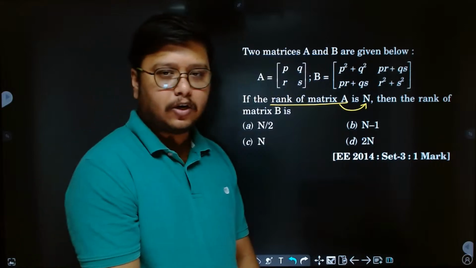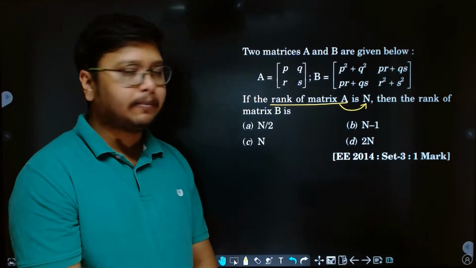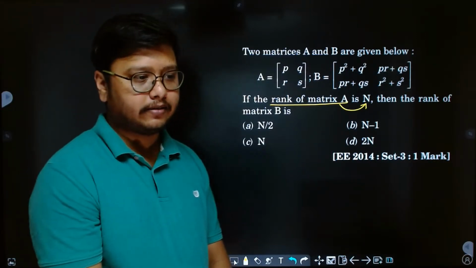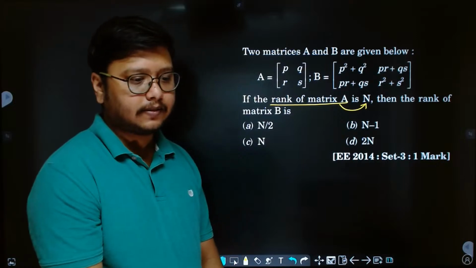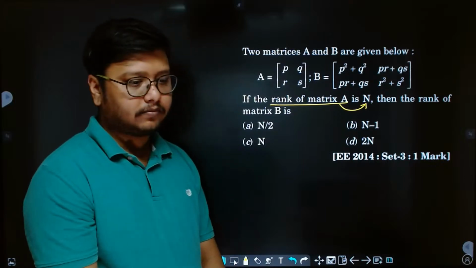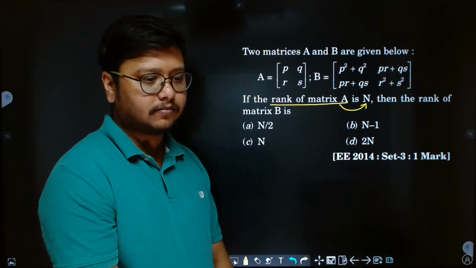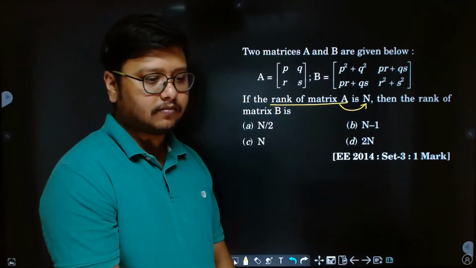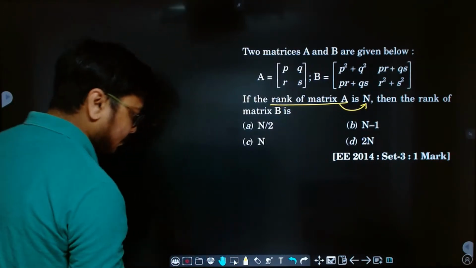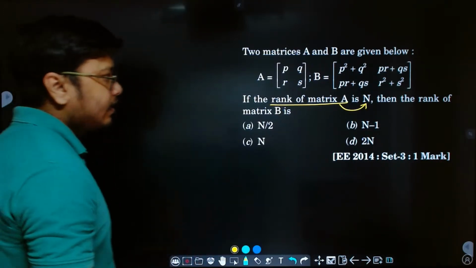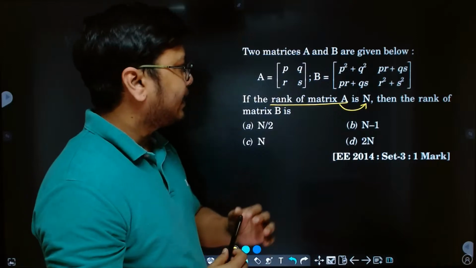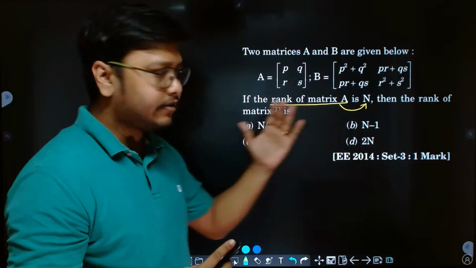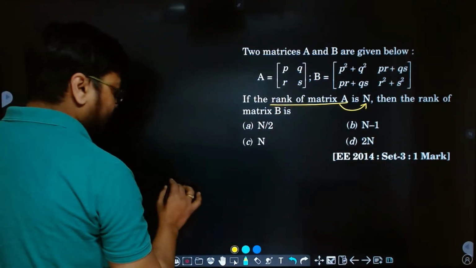So I guess people are not able to observe how the B matrix is getting created with the A matrix. Let's see what's the problem.